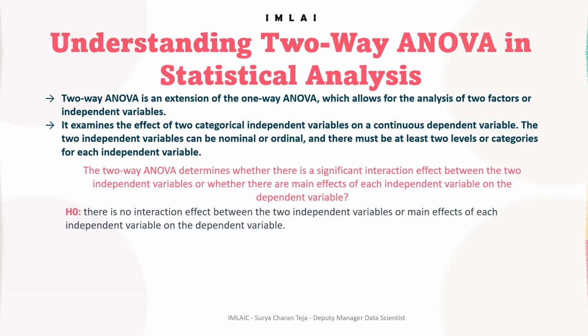The null hypothesis for a two-way ANOVA is that there is no interaction effect between the two independent variables, and no main effects of each independent variable on the dependent variable.